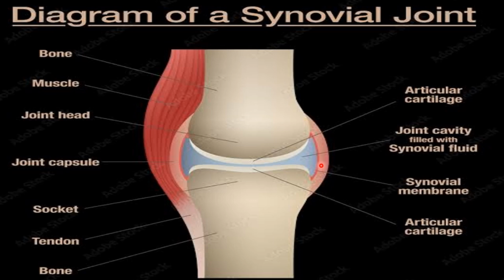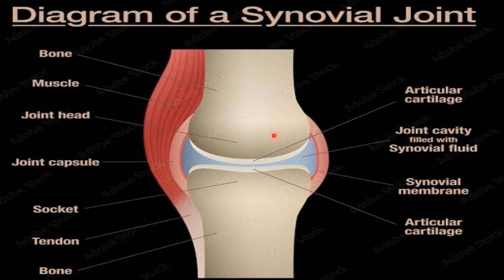Immediately inside that capsule is what is known as the synovial membrane. It is the function of the synovial membrane to produce the synovial fluid. Every synovial joint has a fluid known as synovial fluid, which functions as the lubricant that lubricates the joints.